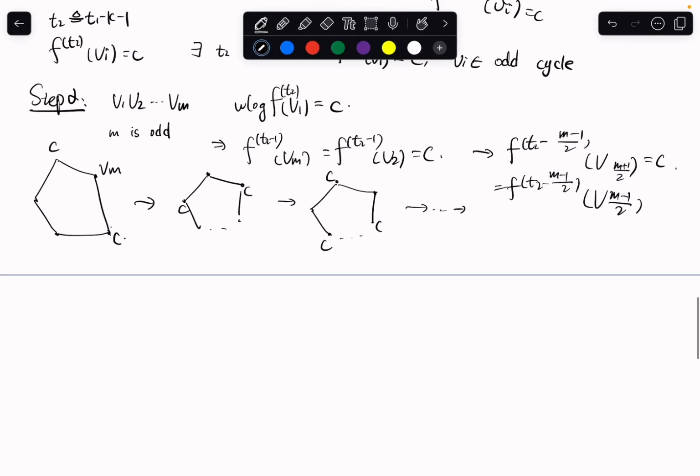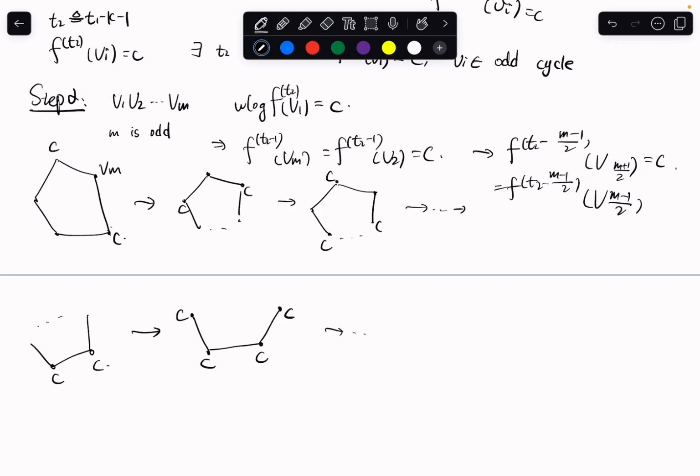And at this time the two neighboring points are c. Then we derive that. After that, it will be this c, c, c, c.